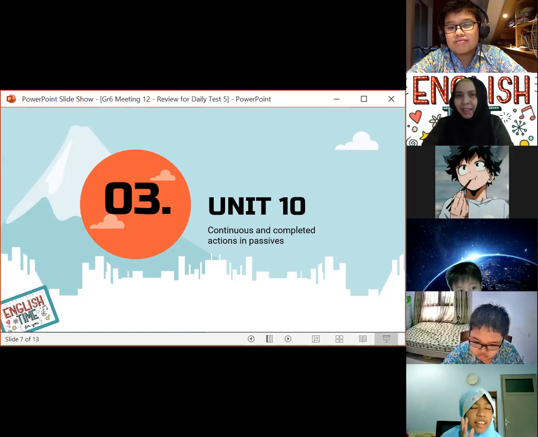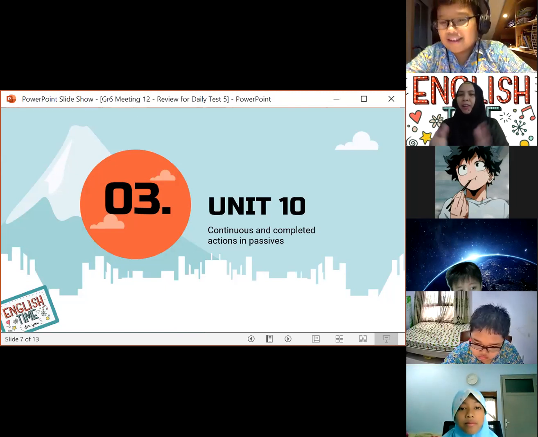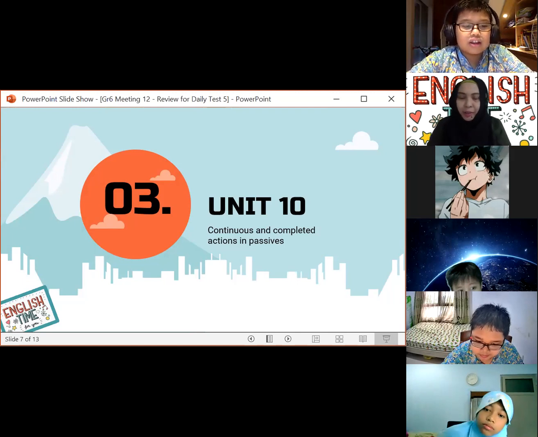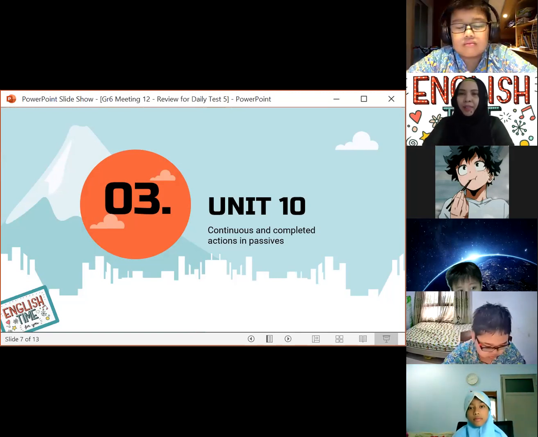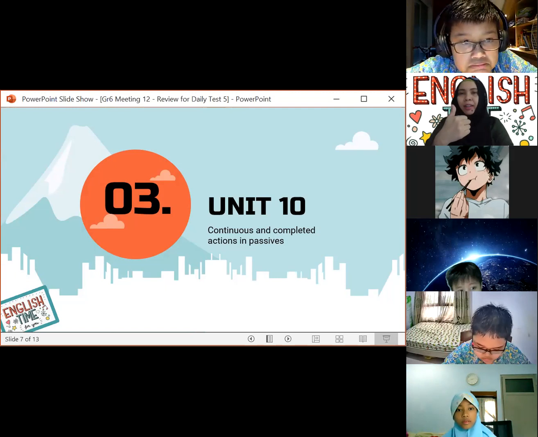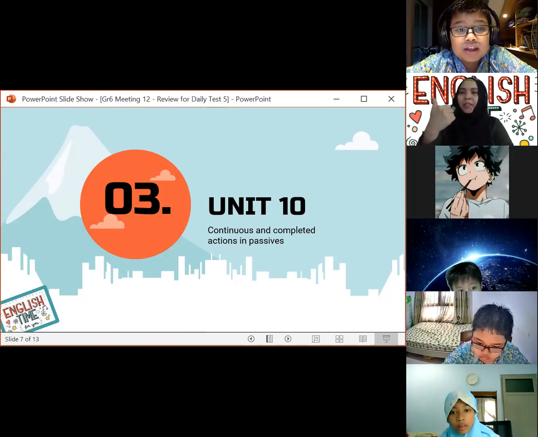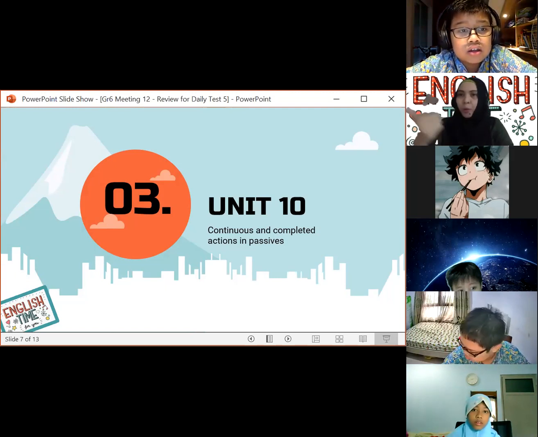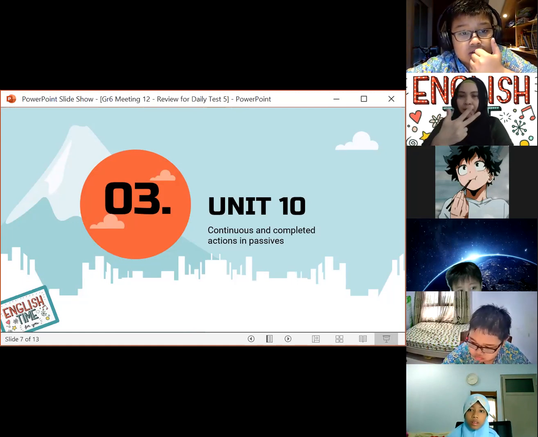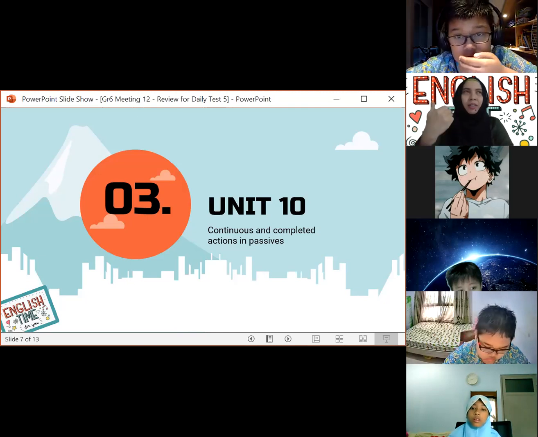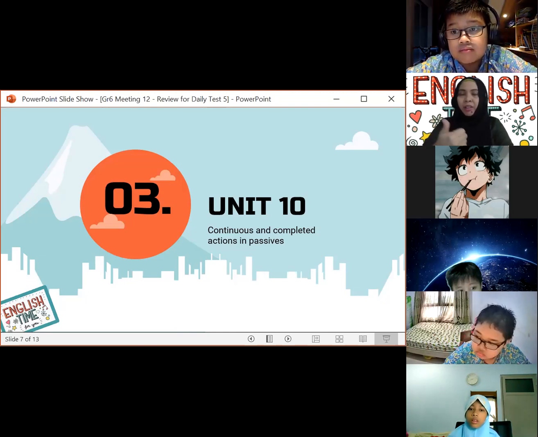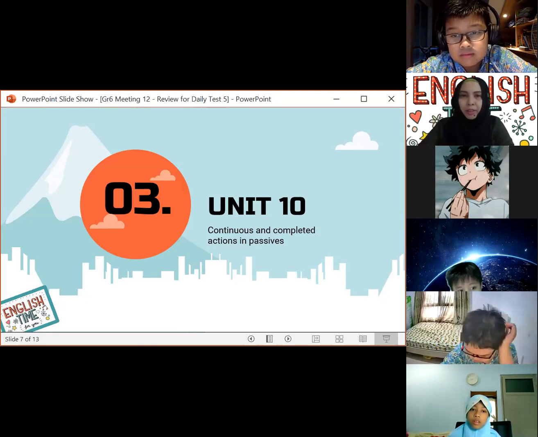Find the object of the sentence and then look at it. Is the object singular, plural, or uncountable? Because you have to treat them differently.